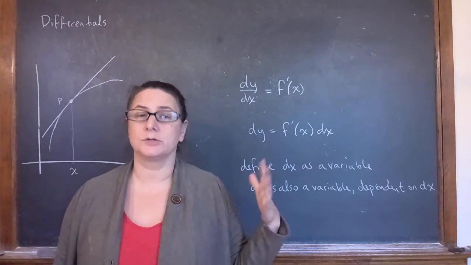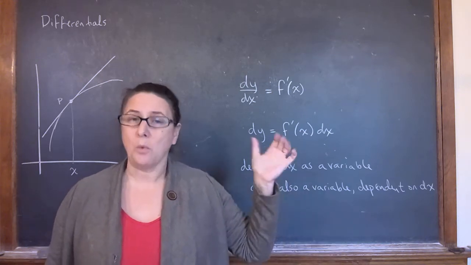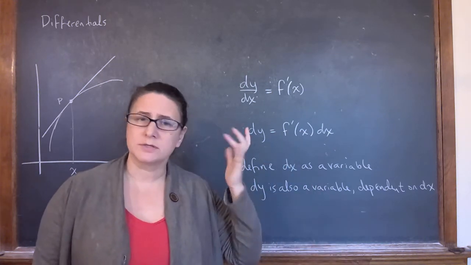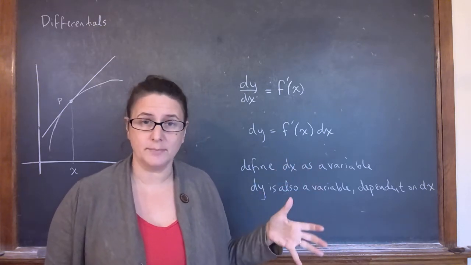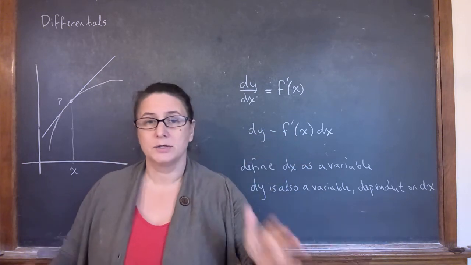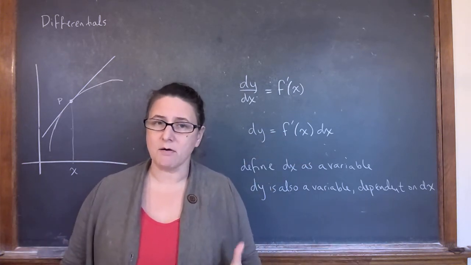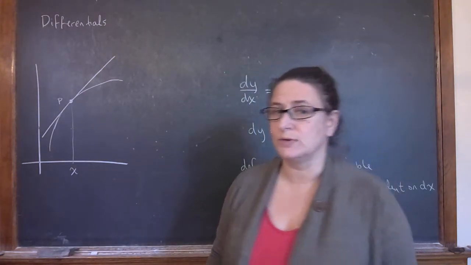I'll show you a little homework problem. But what we really want to do is start thinking about these differentials, the dx and the dy, as objects on their own, related to the derivative.